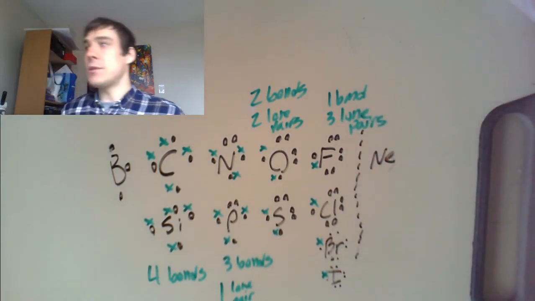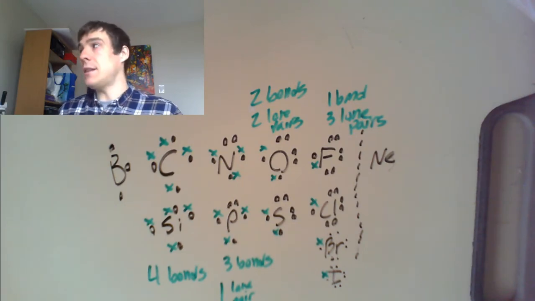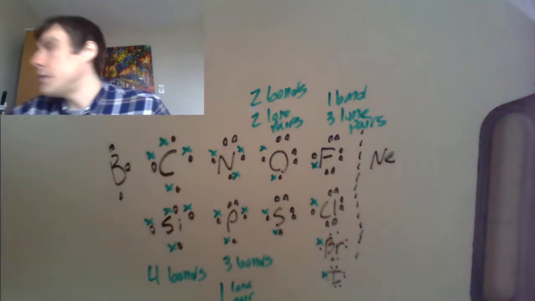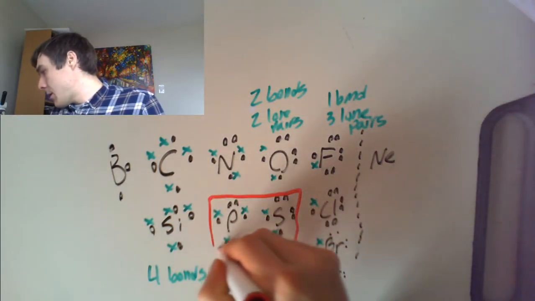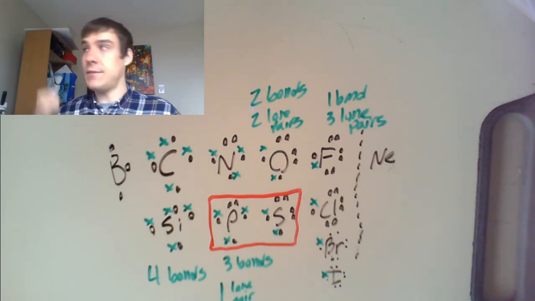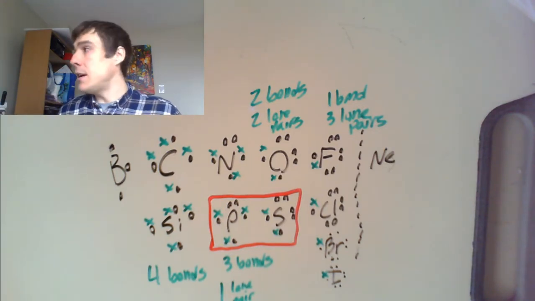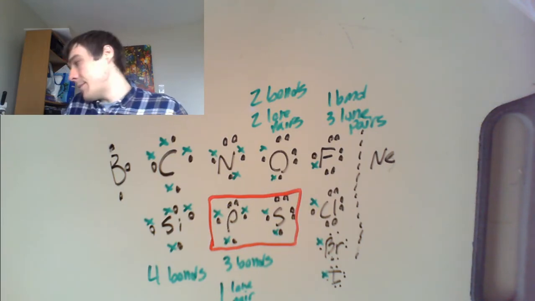in a typical structure. There are a few exceptions to this, notably phosphorus and sulfur. Because they are further down the table, they have less electronegativity. So on occasion, phosphorus and sulfur will actually make 5 bonds and 6 bonds respectively.